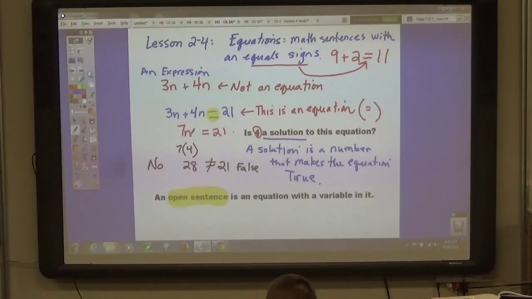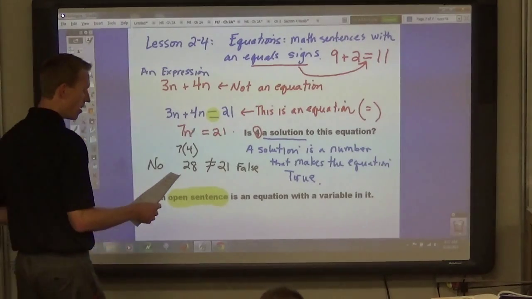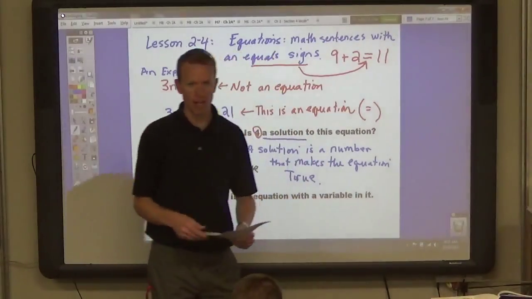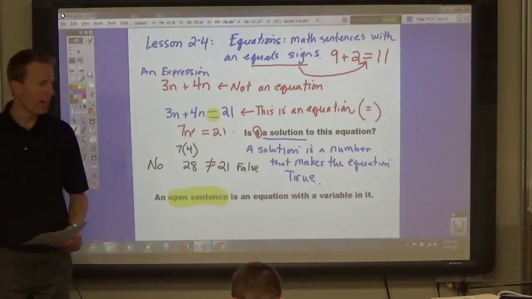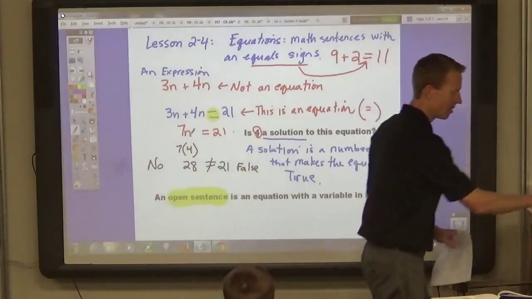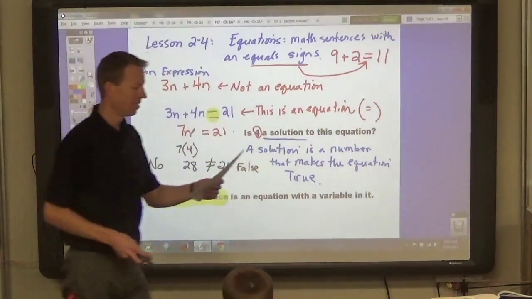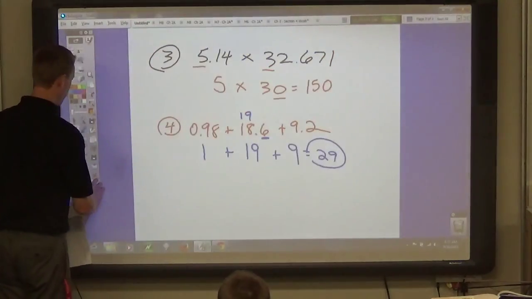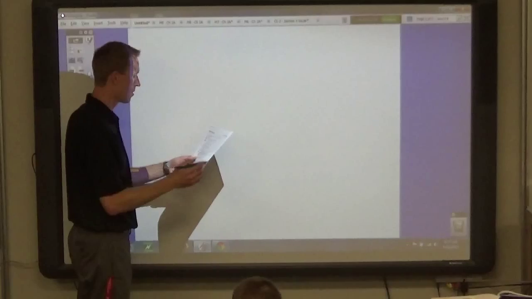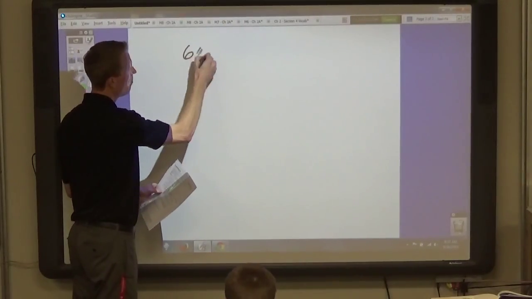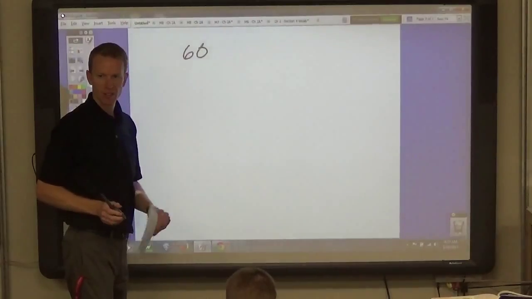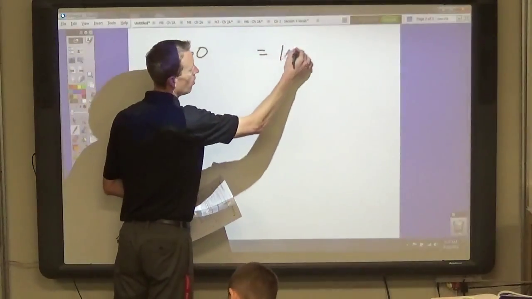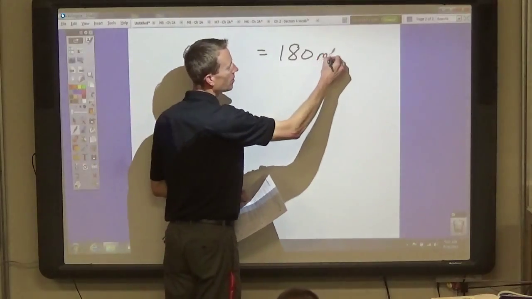180 miles, 60 miles per hour, a time of T hours. Can T be 4 hours? So, if you rode 180 miles at 60 miles per hour, assuming that you're riding a motorcycle or something, the expression they're describing is 60 miles per hour equals 180 total miles.